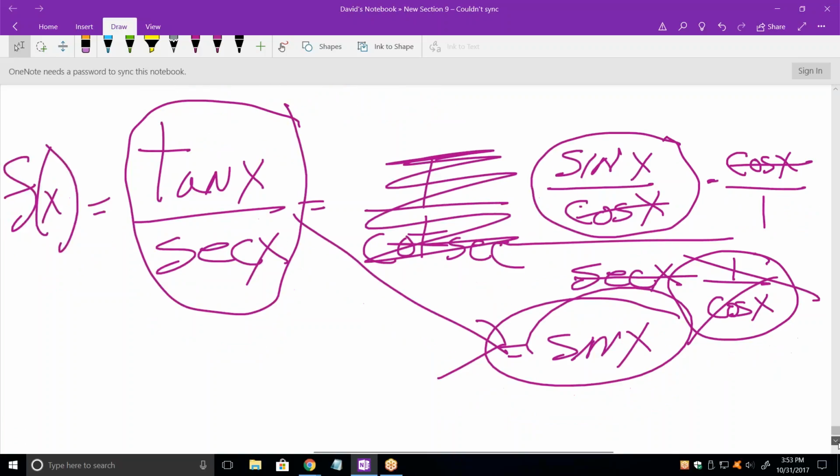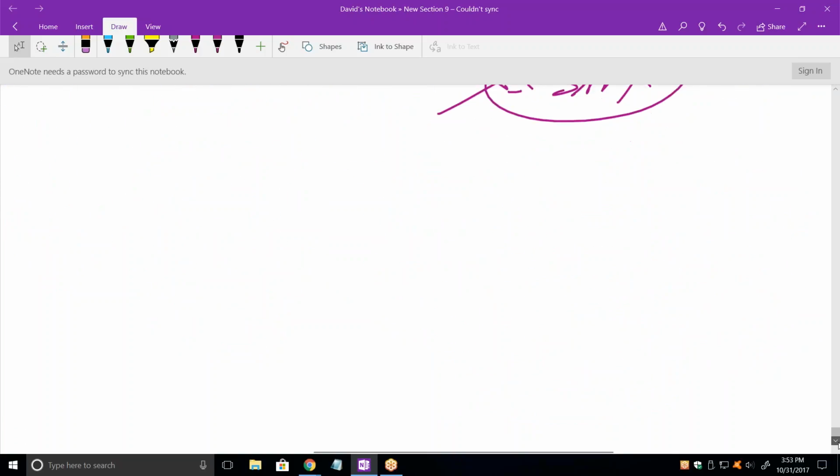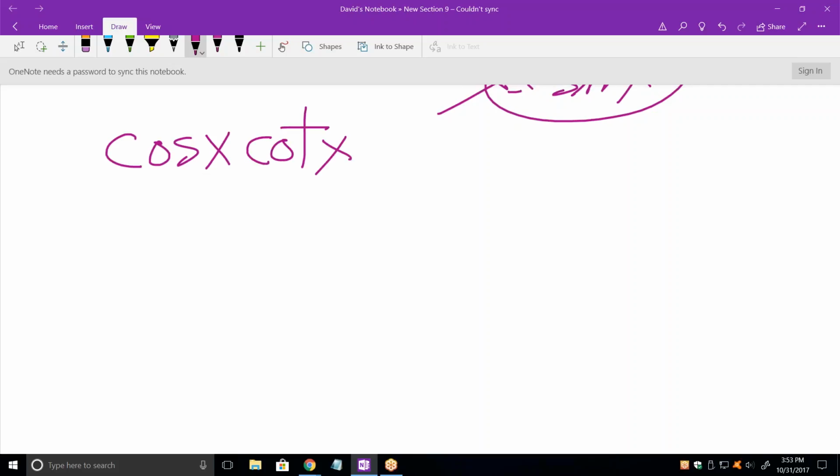F of x equals cosine x times cotangent x. Okay. Now, remember what the quotient identity is for that. What is it?